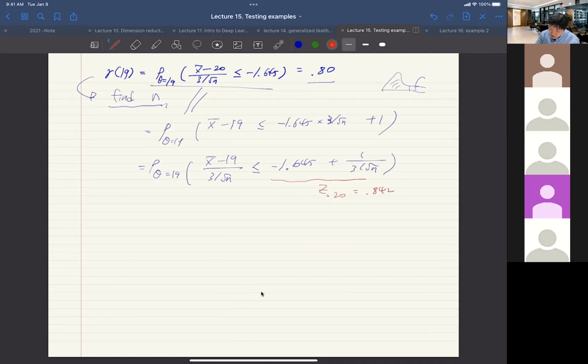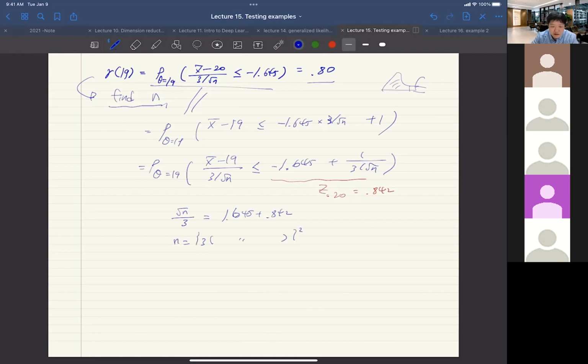So solving this, the equation says square root of n over 3 equals 1.645 plus 0.842, and then n is 3 times this, squared.